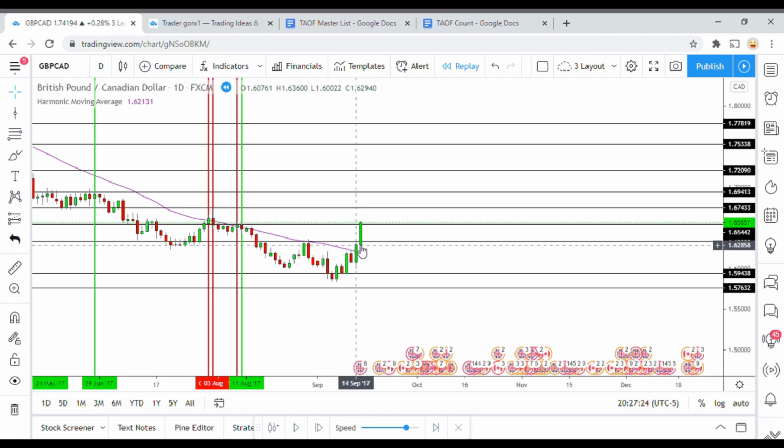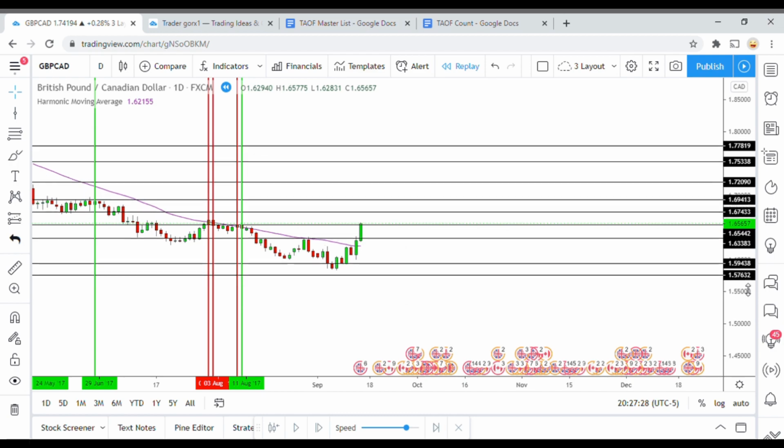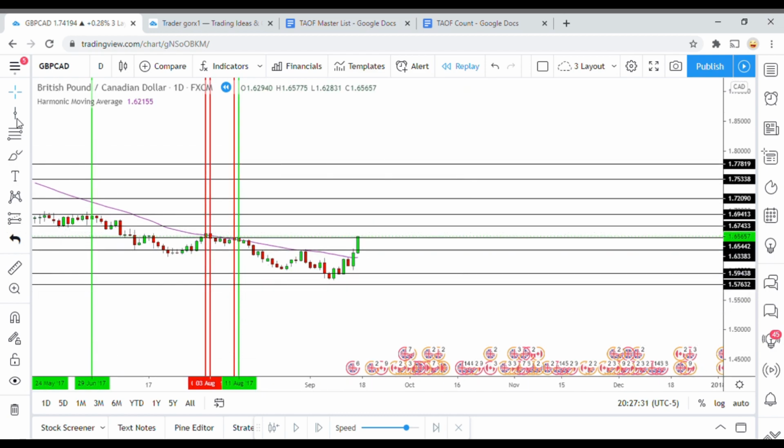And so you see that it breaks up above the moving average with this big green candle right here, and then it just spikes up and out.